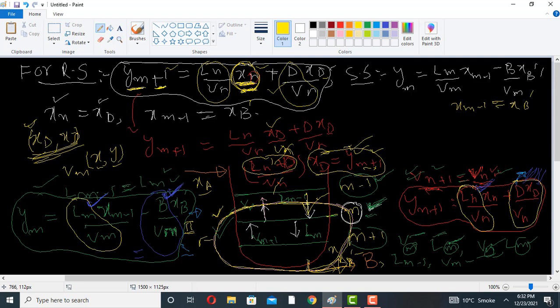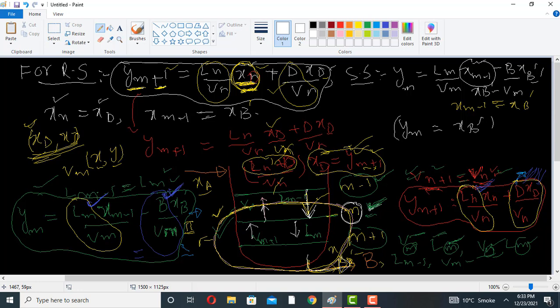This means that the mole fraction of more volatile component leaving plate m minus 1 is equal to the mole fraction leaving the bottom of the distillation column. So what will happen to this stripping line equation? In place of xn minus 1, I put xB dash.